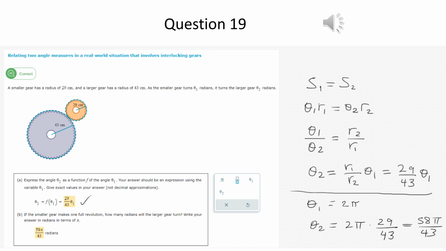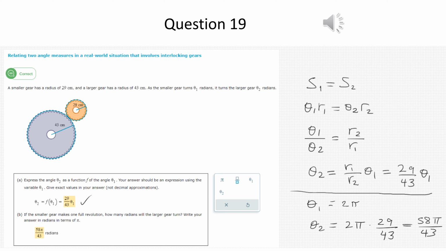And in that problem we have a gear. So we have two, smaller and large. Okay, the radii are given. But I know that when it's moving, the arc lengths are equal to each other.